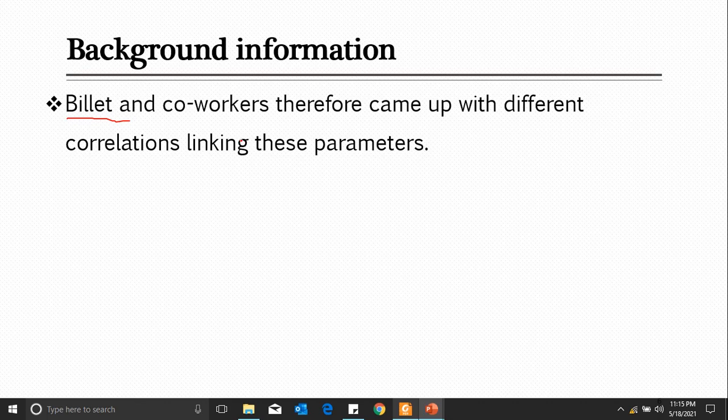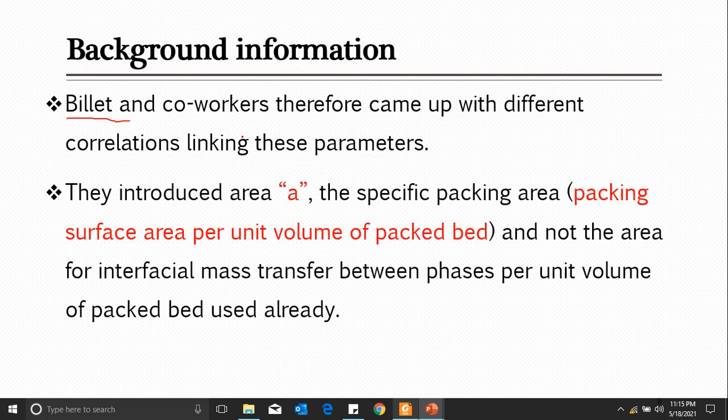So here we are going to look at those correlations or equations, but before that something is important to mention. They have derived some correlations which we will look at later in this lecture. There will be something called A, which is the specific packing area.